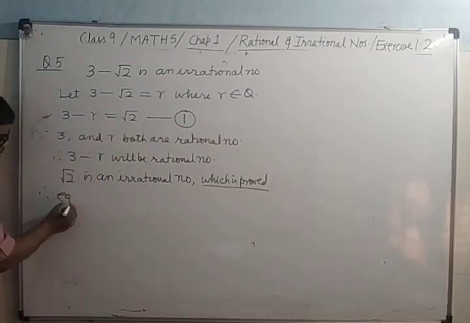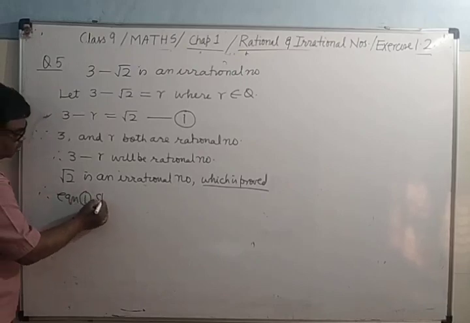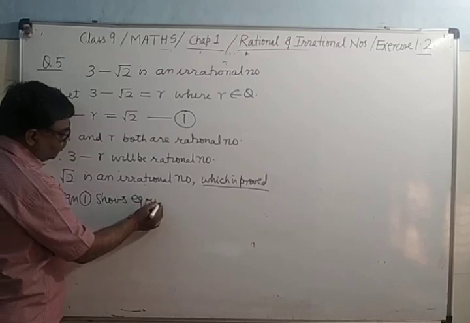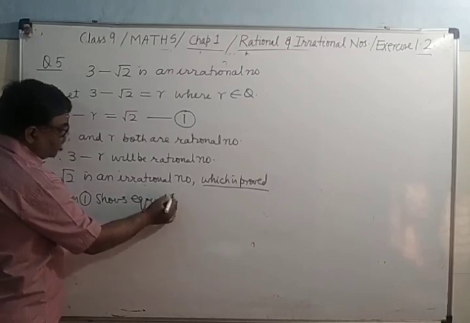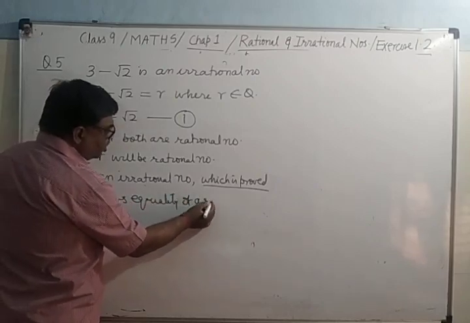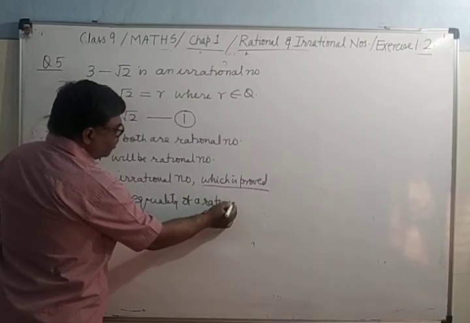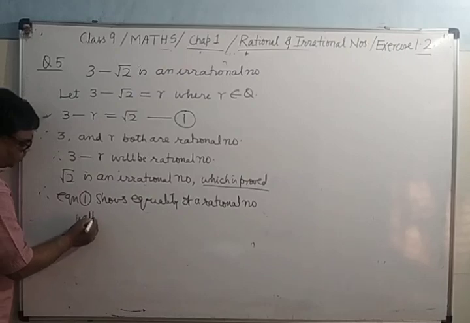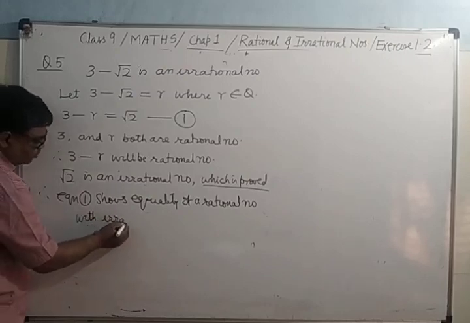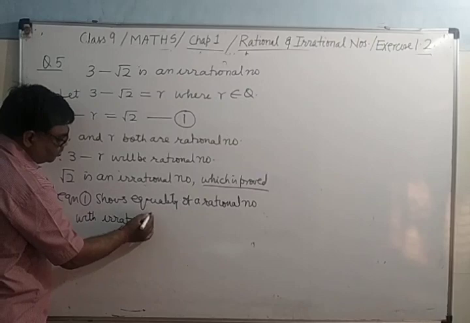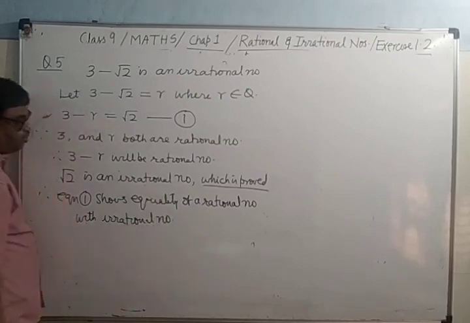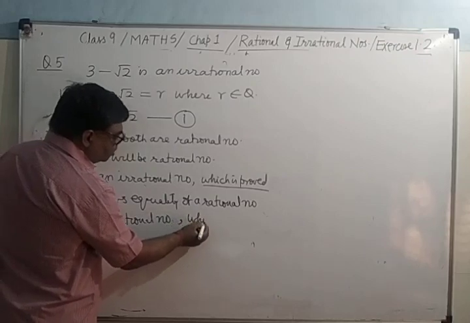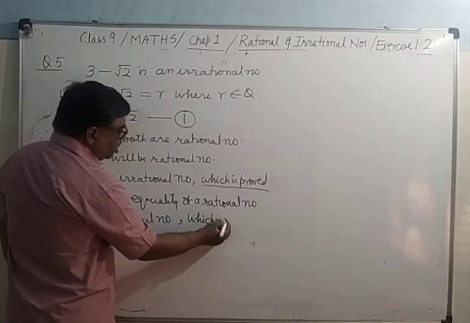Therefore, equation 1 shows the equality of a rational number with an irrational number, which is not possible.